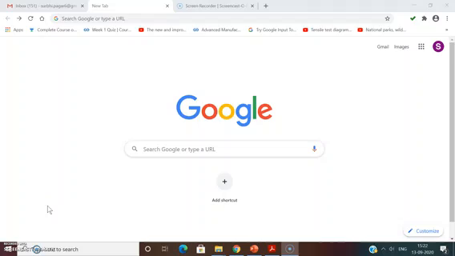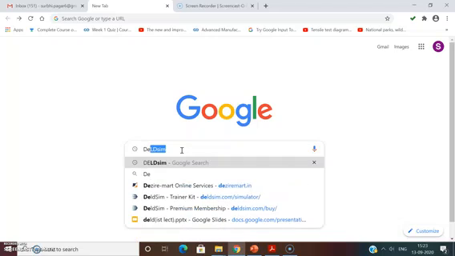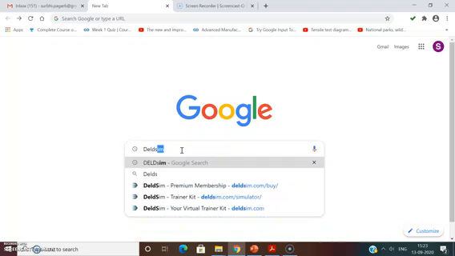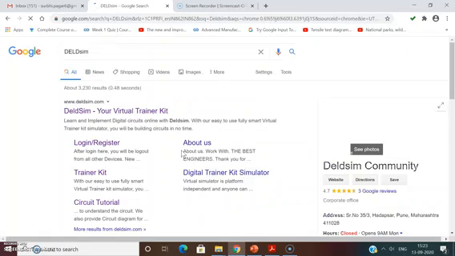So for the simulation of digital circuits or our lab practicals, I have searched one tool that you can use at your home end too. The name of that tool is DLD Sim. Search it on Google.